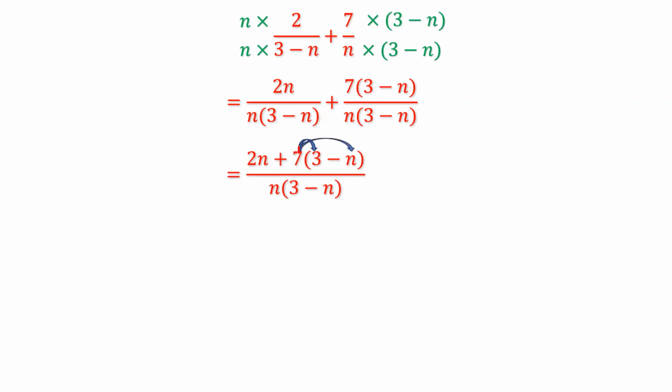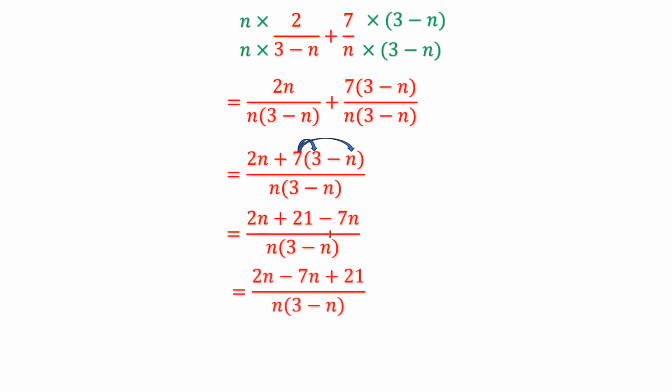That's going to be 21. And 7 times n is going to be 7n. So we have 21 minus 7n. So we have 2n plus 21 minus 7n. We group the like terms together. 2n minus 7n is going to be negative 5n, plus 21, divided by n, open bracket, 3 minus n. That's the answer to this question.